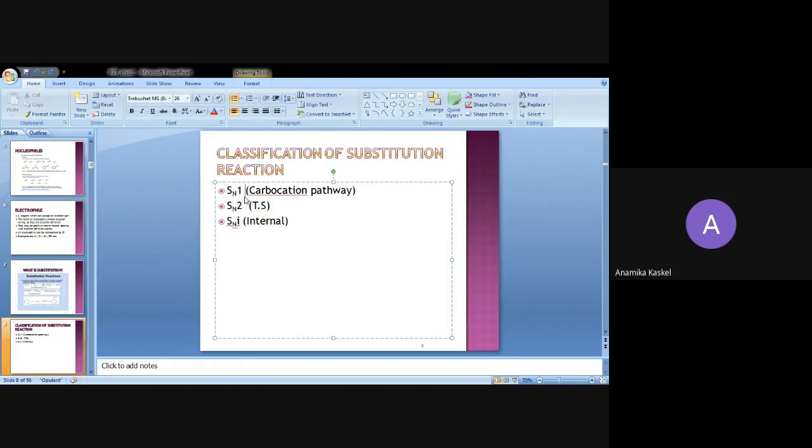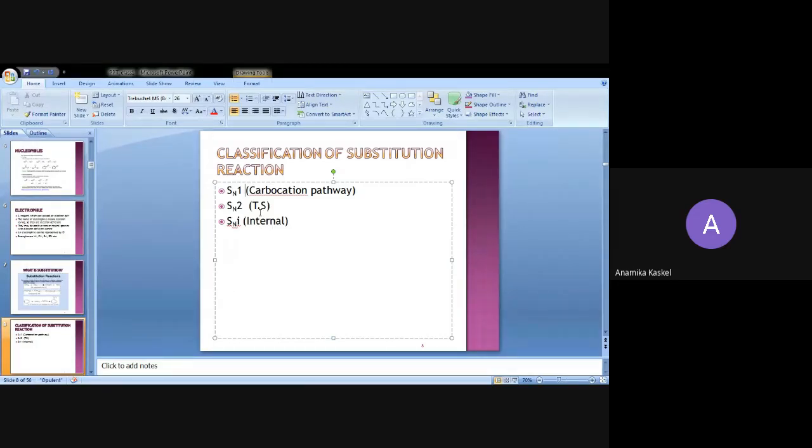One is Sn1, next is Sn2, and the last one is Sni. Clear? Any doubt, anyone regarding the classification? Okay. Sni, this part, we will read it.